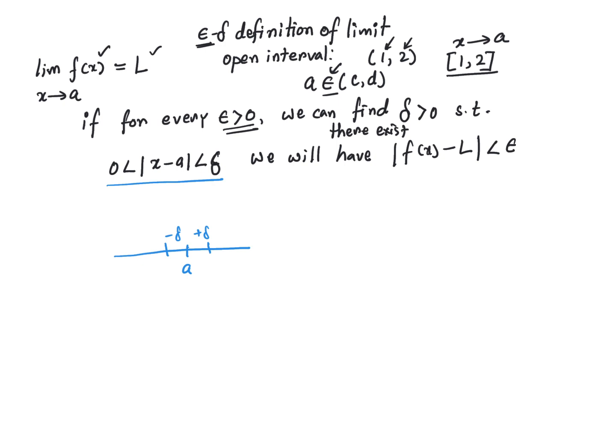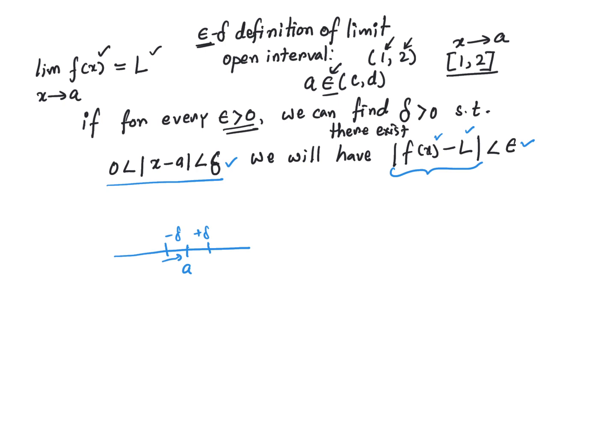If x approaches a and the absolute value of the difference between x and a is less than delta, then for those values, the difference between f of x and the actual limiting value would be less than epsilon.